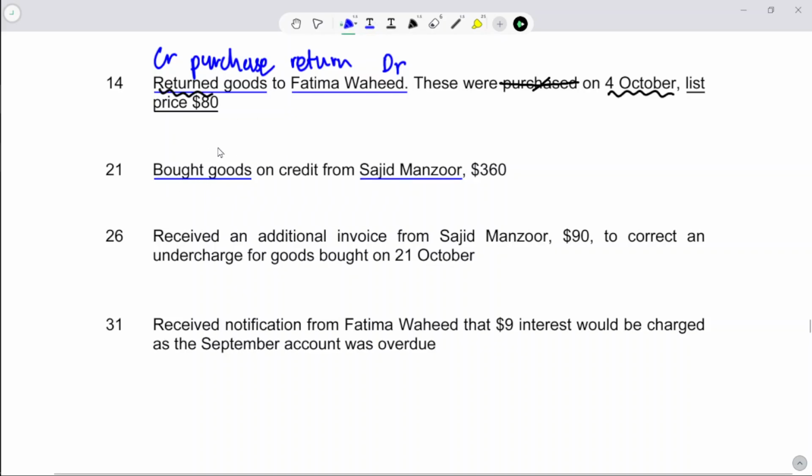And then on bought goods is actually purchase. So for purchases we debit. Then if there is one debit, another one will be credit. Then let's go to the next line.